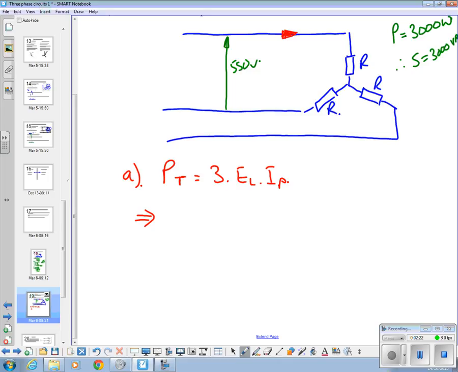All your formulas are S, so let's keep it to S. That links it in. We're going to rearrange that for IP. That must be ST over 3EL, agree?